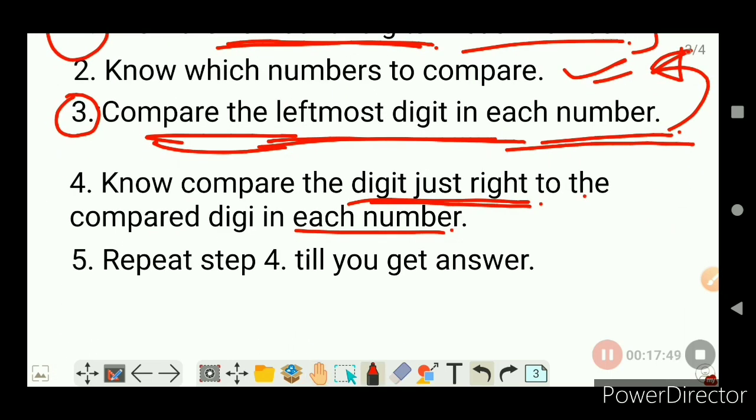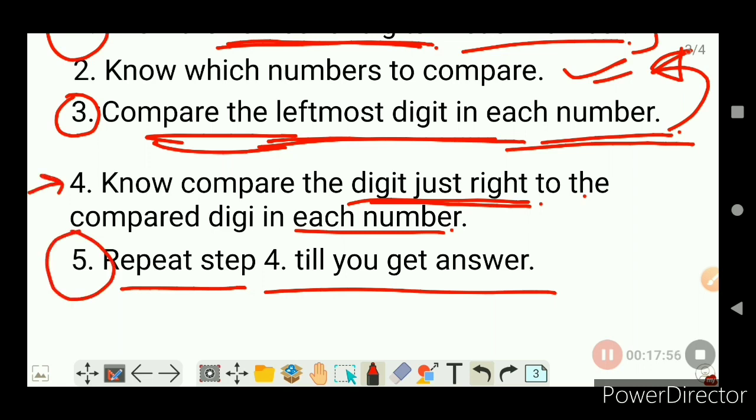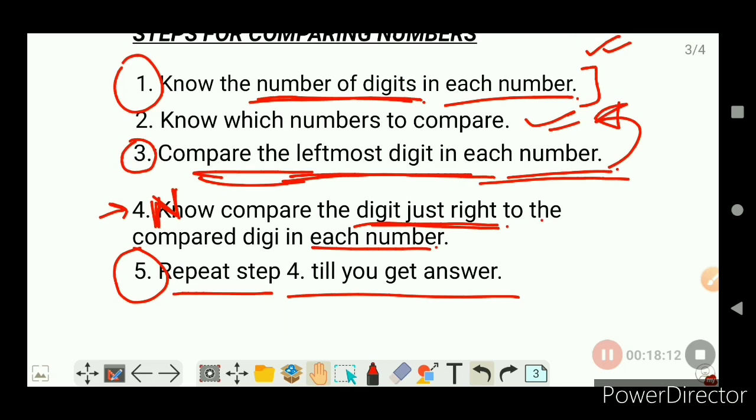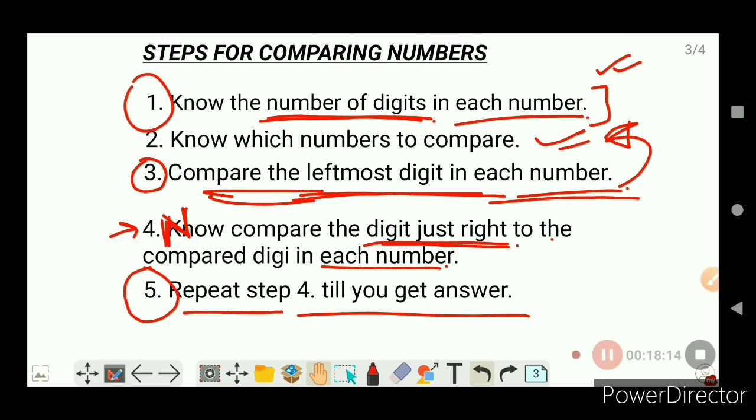Now repeat step 4 till we get the answer. Repeat step 4. What is step 4? Step 4 is: now compare the digit just right to the compared digit in each number.